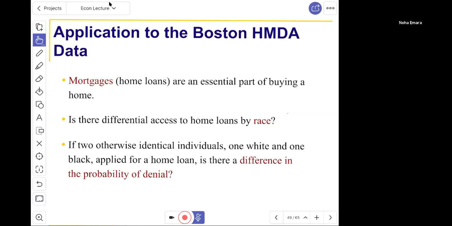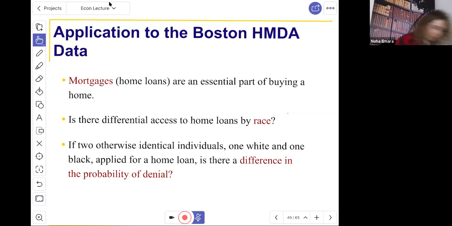Okay, so let's start. On your slides, you have a really nice example, which is about the mortgage application to the Boston HMDA data.